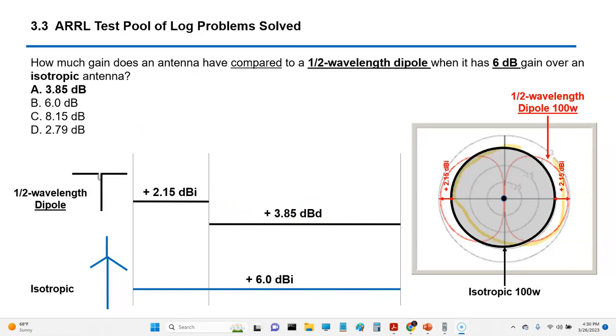Instead of being a circle like the isotropic, you end up with patterns that look something like this, and you get this extended reach above what the isotropic is. Same thing on this side. So that's where you get the 2.15 dBi.